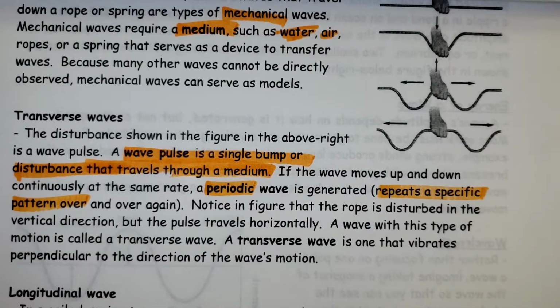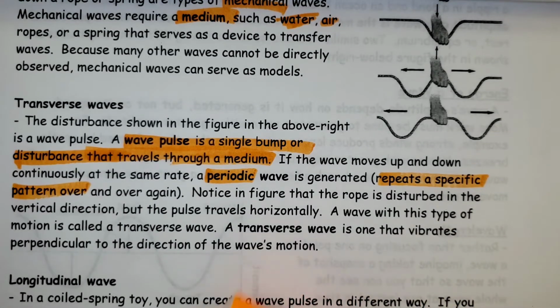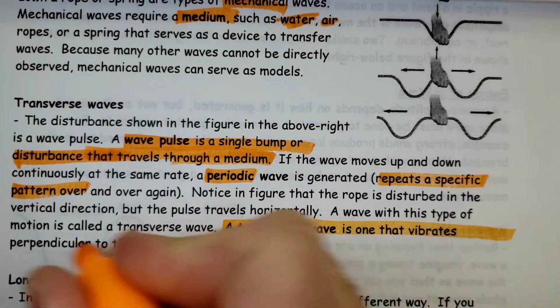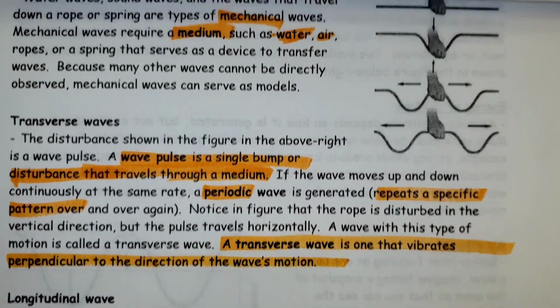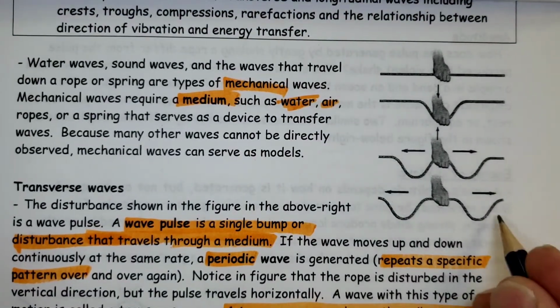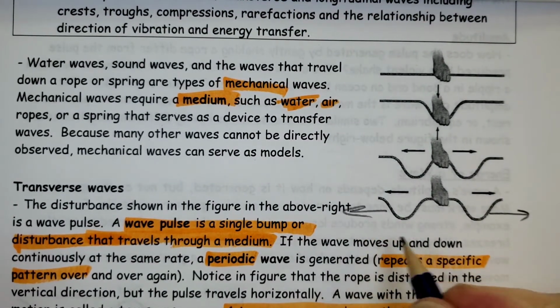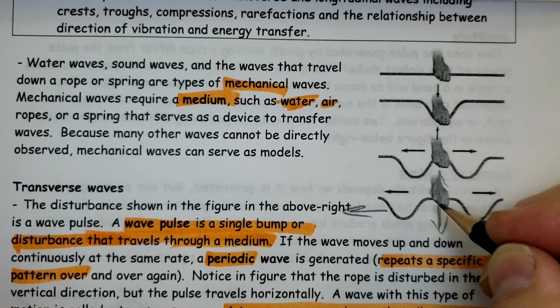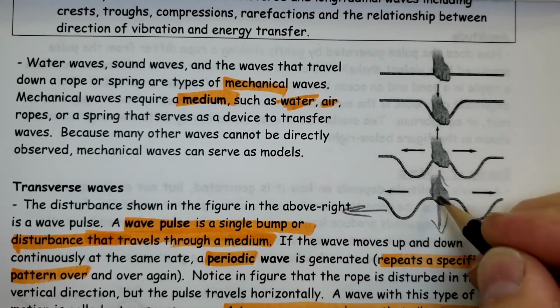Notice in the figure that the rope is disturbed in the vertical direction, but the pulse travels horizontally. A wave of this type is called a transverse wave, and it's one that vibrates perpendicular to the wave motion. So as you can see, the wave is moving this way, and yet the vibration is up and down. So moving my hand up and down, and the wave moves side to side.